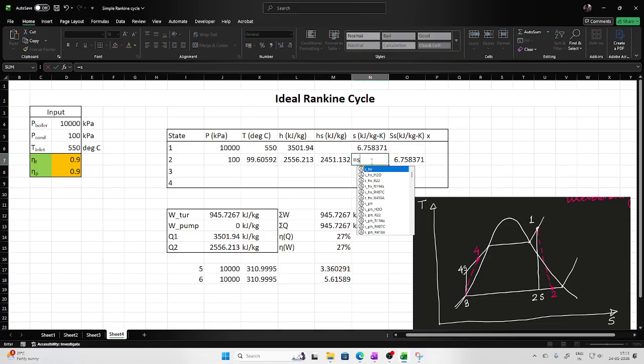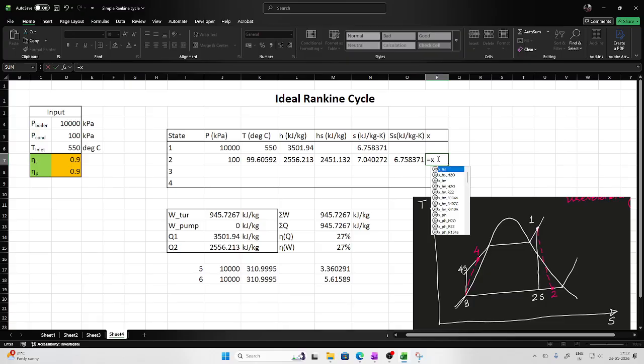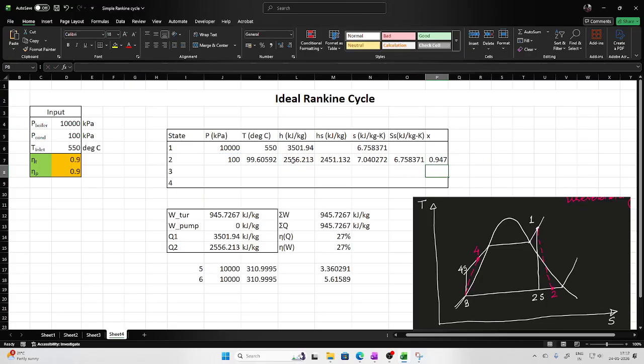So the actual entropy will be based on the pressure and the actual enthalpy we have evaluated. If you want the dryness fraction to know whether this point is inside the dome or outside, it is based on pressure and enthalpy. So this is pressure, this one is enthalpy, and it is 0.947. It is inside the dome.